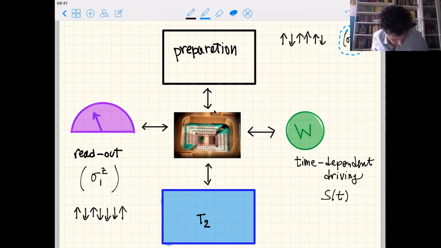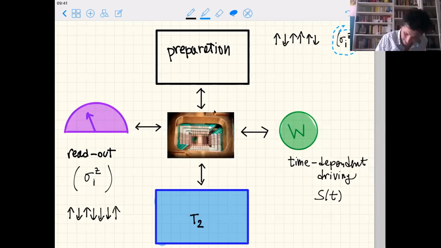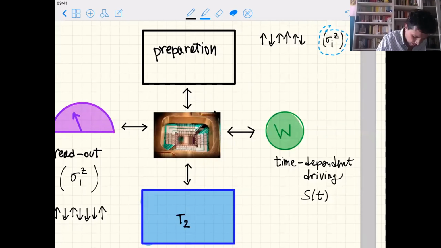After you do the time-dependent driving, you have exchanged some energy with your chip, and your chip also has possibly exchanged energy with the reservoir. You can read out a final state, for example, this one.